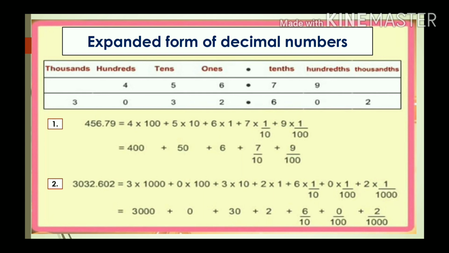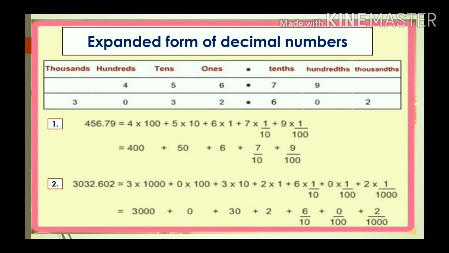Now students, for the second number, which is 3032.602, let's see what the expanded form is for this number. 3 is in the place of 1000, so we'll write 3000, plus 0 is in the place of 100, so we'll write 0 only, and plus 3 is in the place of tens, so we'll write 30. 2 is in the place of ones, so we'll write 2, then plus, and here you can see 6 is in the place of tenths, so we can write 6 multiplied by 1 by 10 or 6 tenth.